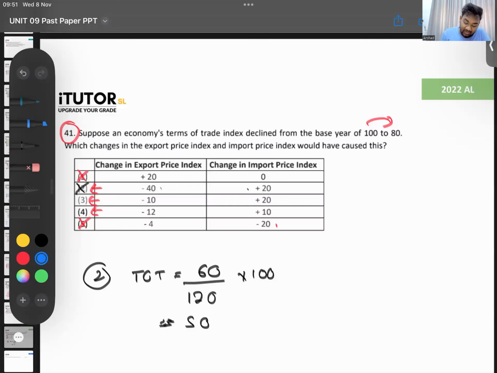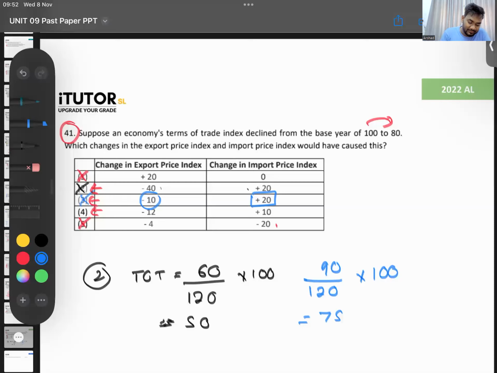Third one, export price index fallen by 10. So that means 90. Import price index increased by 20, 120. 90 over 120 into 100. How much do we get? 75. Okay. So not this one also.